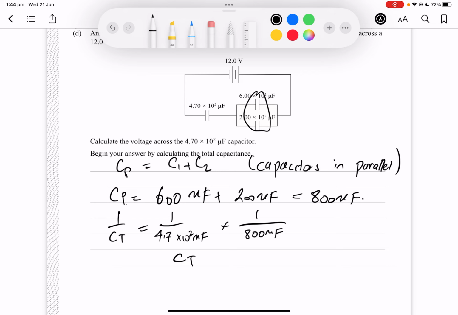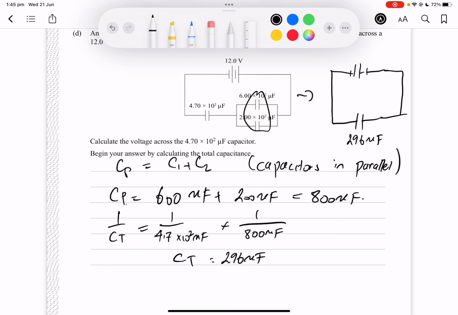So therefore the total capacitance is equal to 296 microfarads. That's the total capacitance of the circuit. So basically this circuit is equivalent to one capacitor of 296 microfarads.